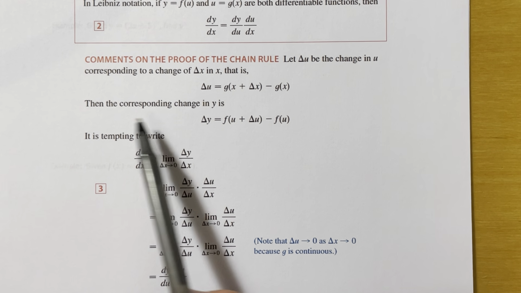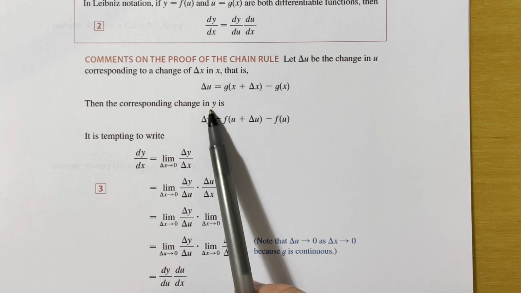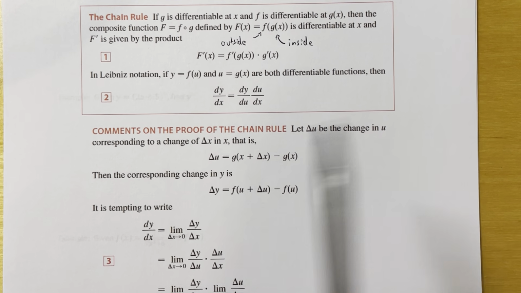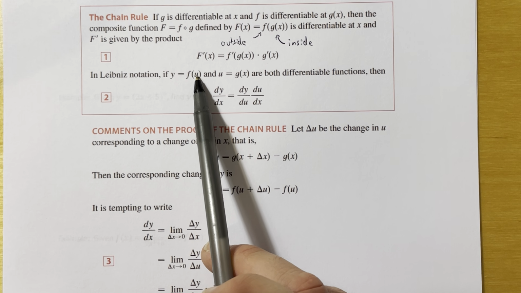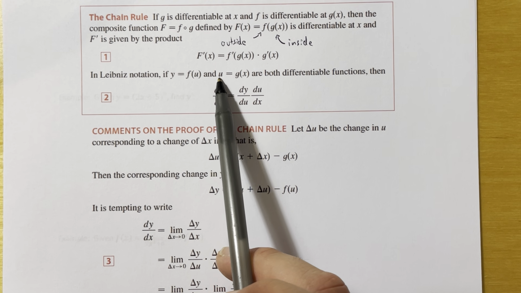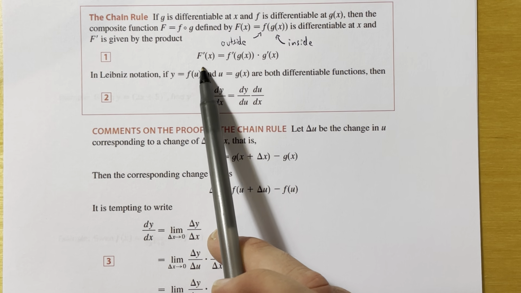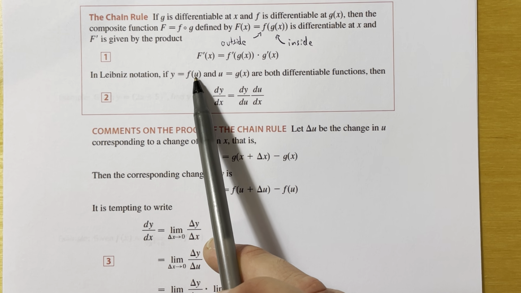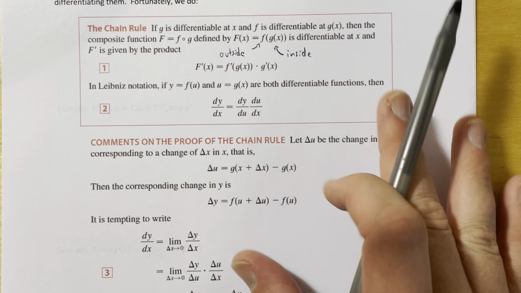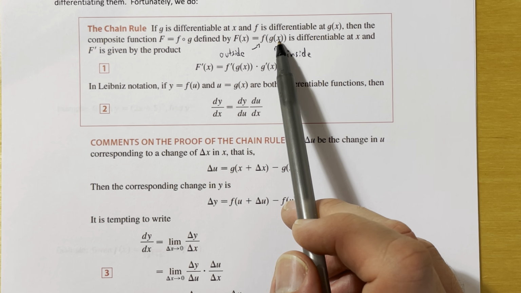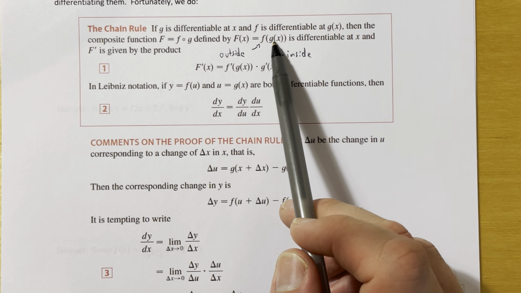So the corresponding change in y, because remember y up here is equal to f of u. So even though u is the dependent variable here, it becomes the independent variable in my function f. And remember, that's how composite functions work. If I have f of g of x, then I take an input, plug it into g.